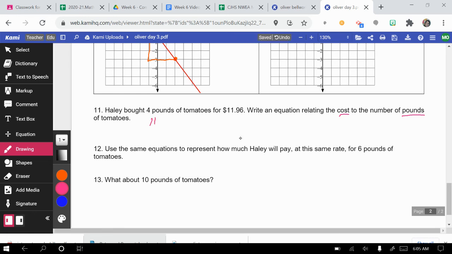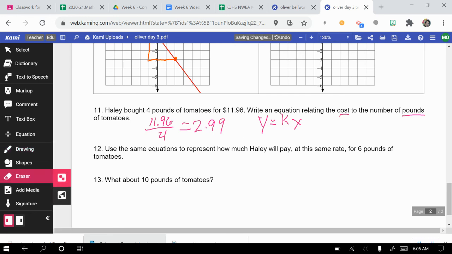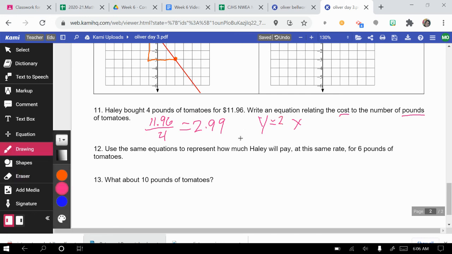So I have to take my 11.96 and divide by 4. Okay. So 11.96 divided by 4 is 2.99. That basically is our k in the equation y equals kx.